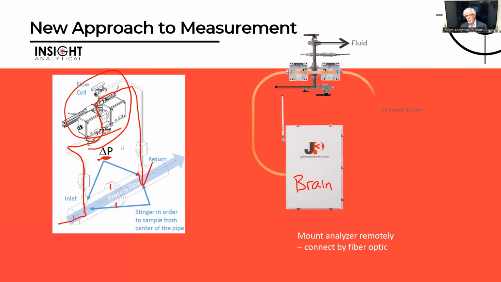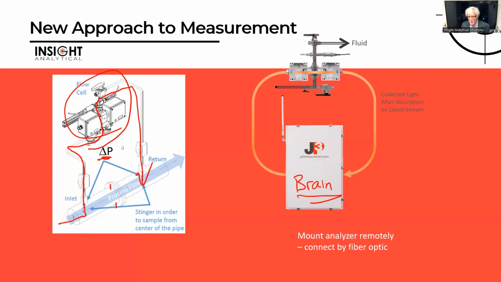Take fiber optics, shoot a beam out, bring a beam back. So these lenses that are on the side of the flow cell have a connection on them to make a fiber optic connection. We're not sending data over that fiber. We're actually sending the infrared light that we're using to measure the fluid and then bringing it back on another fiber.